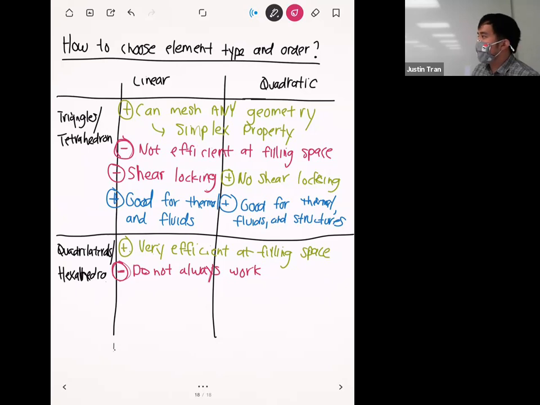And the reason behind this is that because hexahedra and quadrilaterals don't have that simplex property, researchers are still working on algorithms on how to develop really efficient hexahedral meshes. And so actually the algorithm that ANSYS uses to fill a space with hexahedra is very much a proprietary thing of ANSYS. That's not something they share with other people.